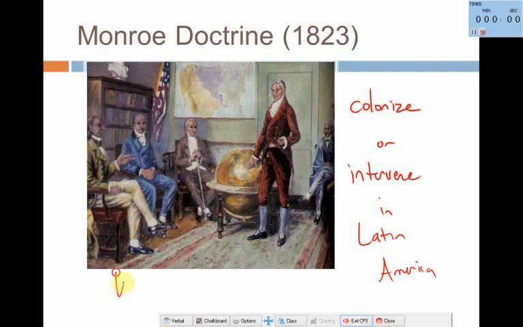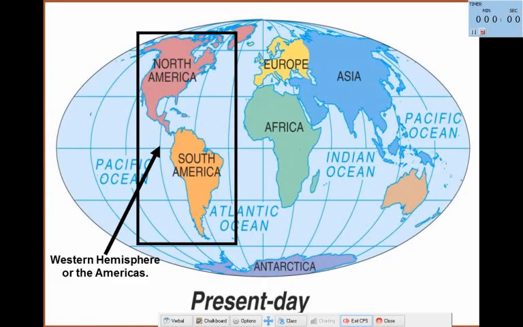Or another way to put it, they may not colonize or intervene in the Western Hemisphere. What that ends up looking like is this, saying, hey, Europe, you stay on your side of the world, and you stay out of the Western Hemisphere in Latin America.